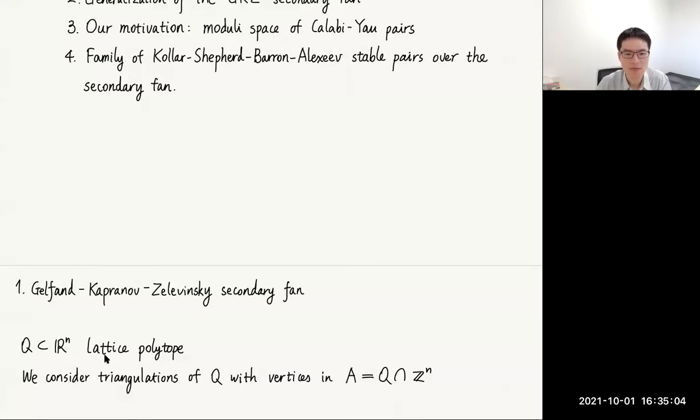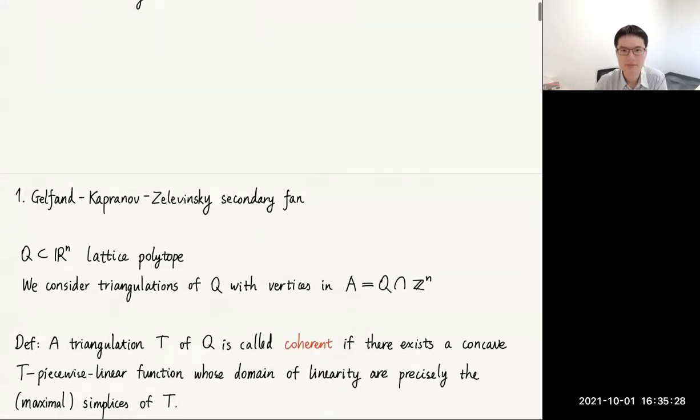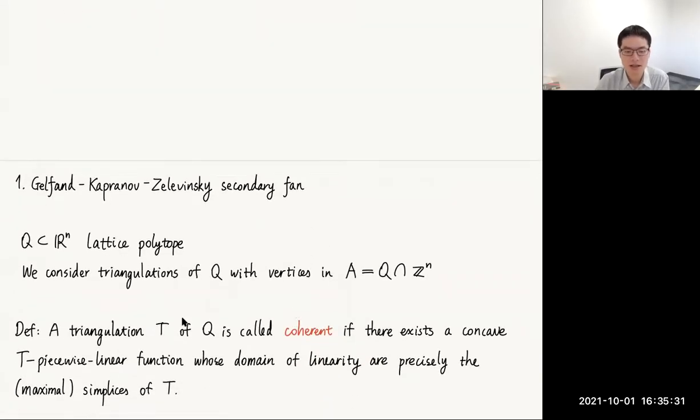We have some lattice polytope Q, and we are interested in triangulations of Q with vertices in the integer lattice points inside Q. So a triangulation T of Q: you know what I mean.